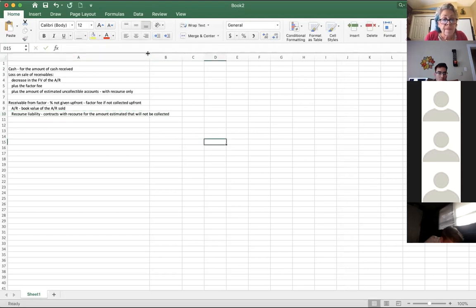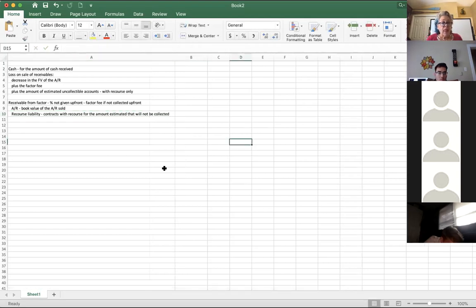Okay? So our debit to cash will be for the amount of cash received. You're going to have that in both recourse and not recourse. Your loss on your sale of receivables, you're going to have a loss whether it is with recourse or without recourse.